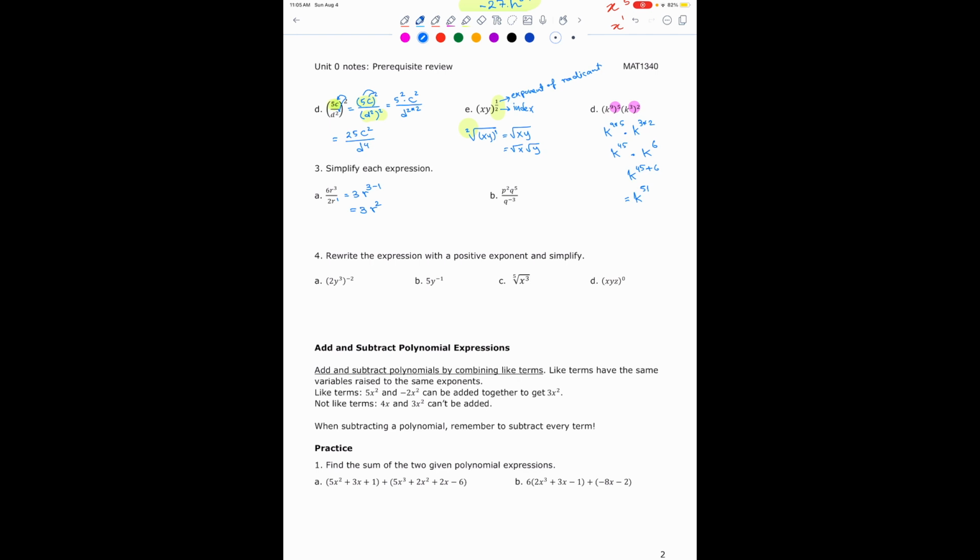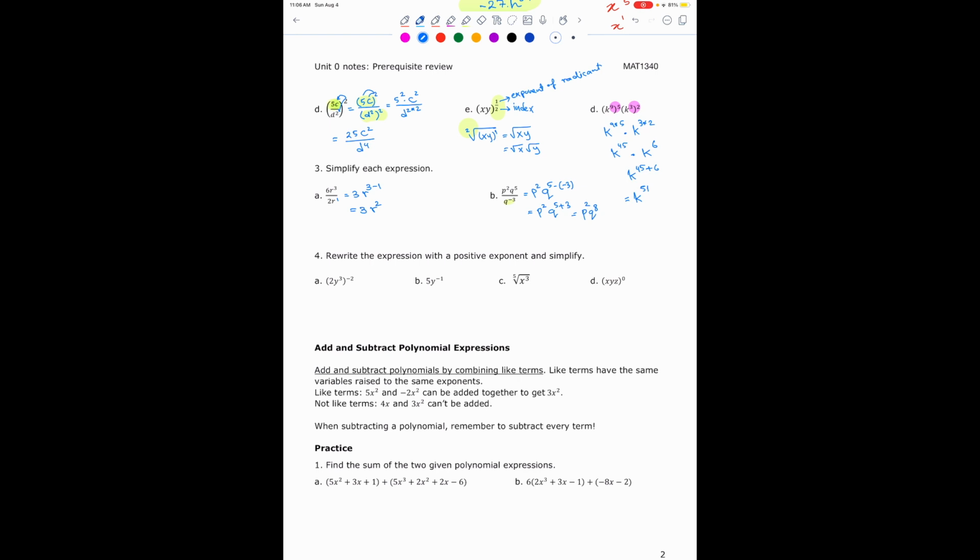If I don't turn the power in the denominator into positive, this is how I will write it down. p squared does not have any other factors to combine with. And then I have q to the fifth in the numerator, q to the -3 in the denominator. It's going to turn into the same q and then 5 minus -3. So this is going to be p squared q to the 5 plus 3, which will be equal to p squared q to the 8th power.